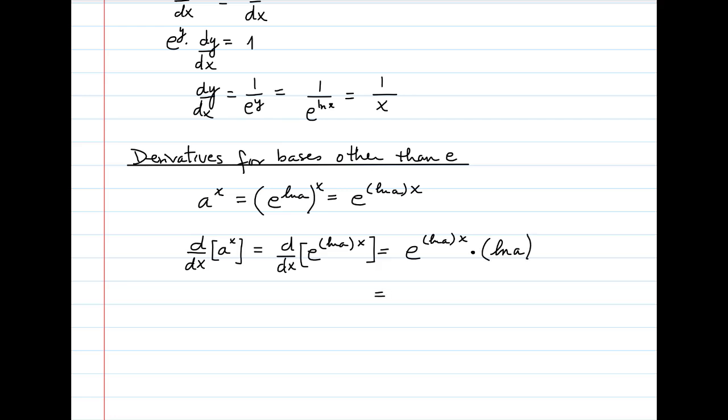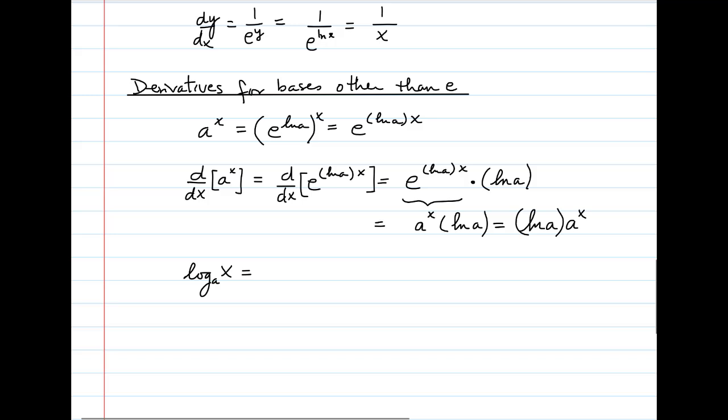Now, putting it back to the regular form, remember this whole thing right there was just a to the x. So this is a to the x times ln a, which we can also write the other way around if we'd like, ln a times a to the x, either way. So that's our derivative of an exponential function with any base.